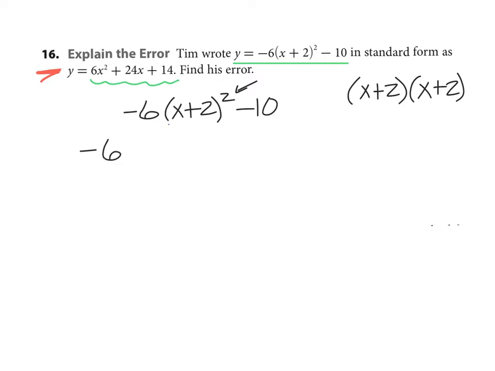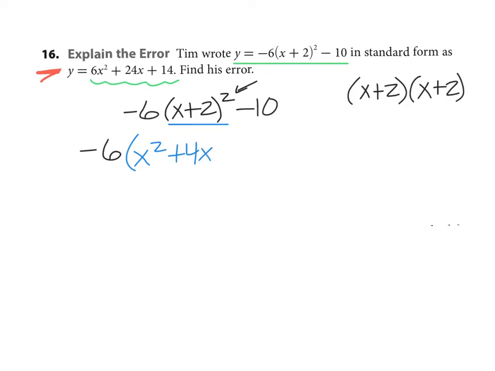So I'm going to take this right here and I'm going to square it. You take the first term and you square it. So that's going to be x squared. Then you take term times term times 2, okay? X times 2 is 2x, times 2 is 4x. So that's positive 4x.